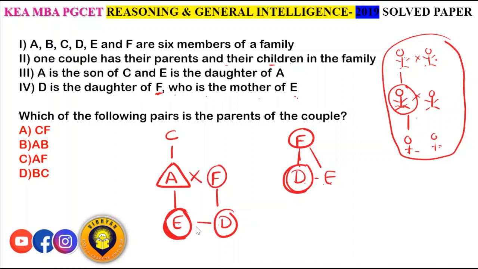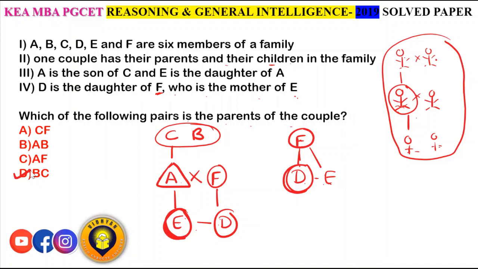A and D are their children. Now who is left? C is the parent of A and one more parent left will be B. So C and B are the parents, A and F are the couples, A and D are their children. So which of the following pairs is the parents of the couple? Parents of the couple are CB, that is BC. Option D, BC.